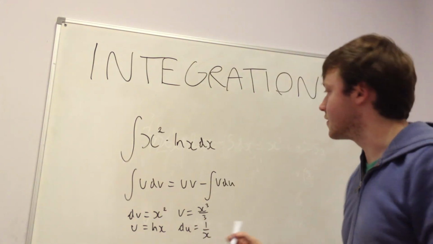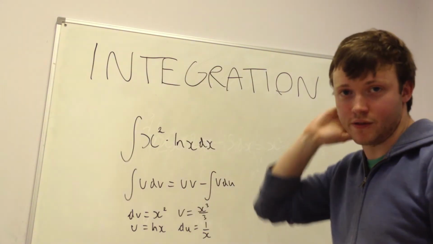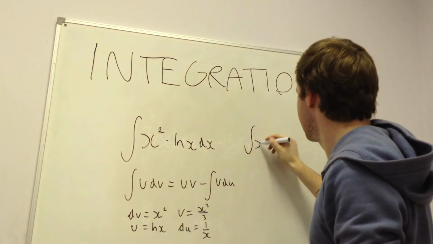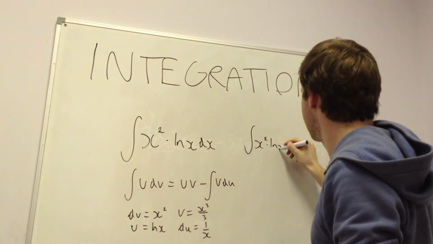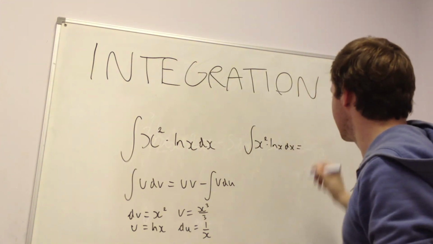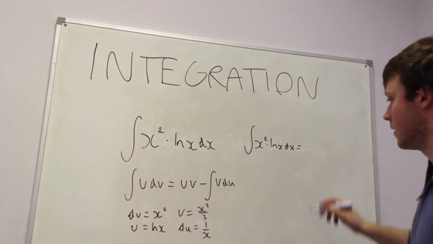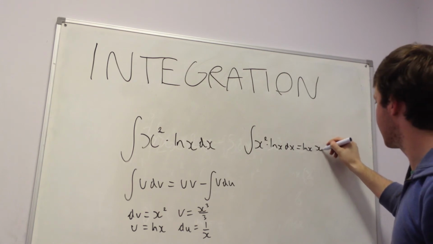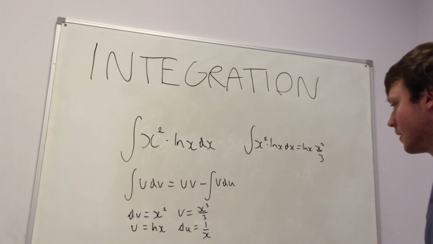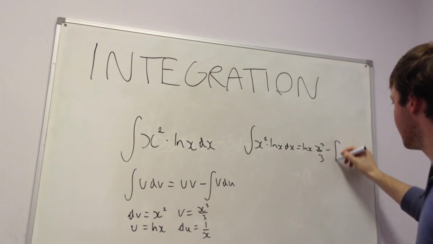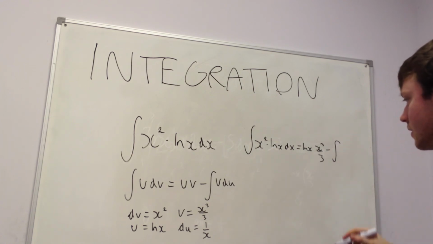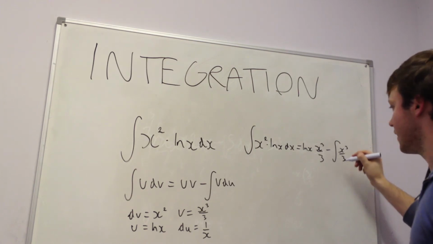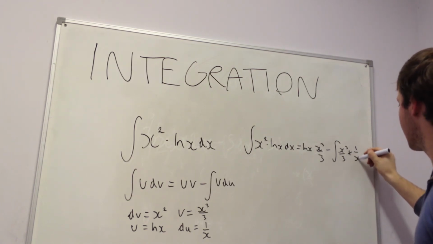Now using this, we can just write them out corresponding to the formula to calculate this integral. So the integral of x squared ln x is equal to ln x times x cubed over 3 minus integral of x cubed over 3 times 1 over x.